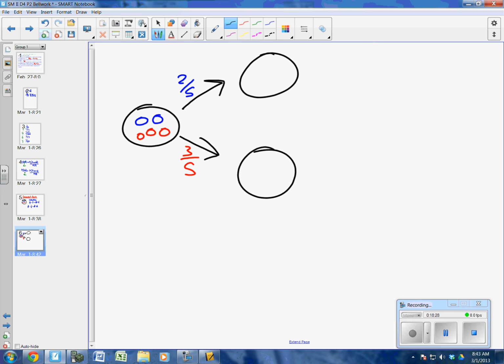Now, if I pull the blue marble out, how many do I have of each? No, you did it wrong. There's only one. 1 blue, right? And down here, how many blues do I have? 2. And then up here, I have 3.